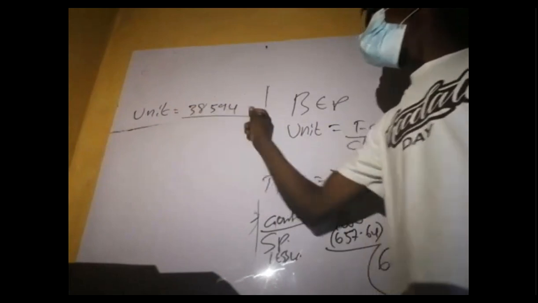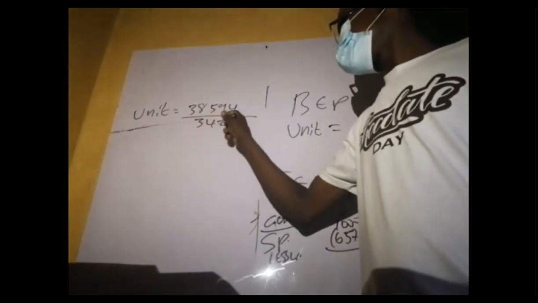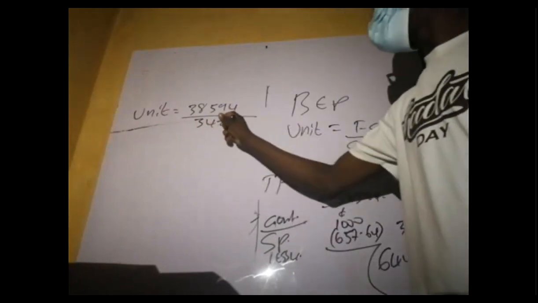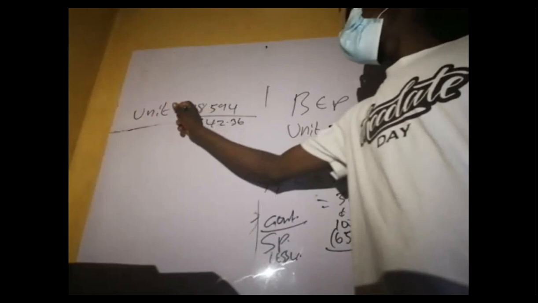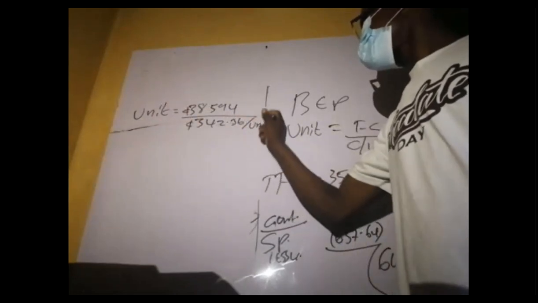38,594, divided by 342.36. This one is in cedis, this one is in cedis, this is cedis per unit.